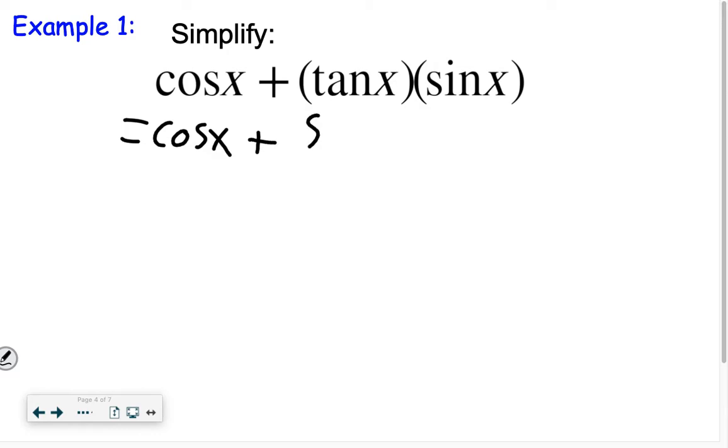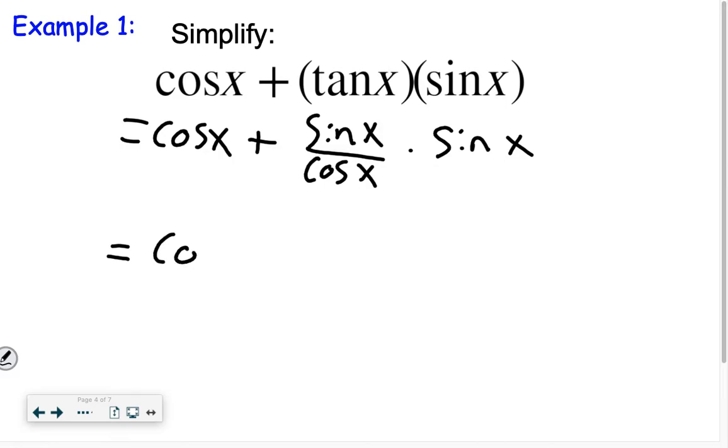So I can write this as sine of x over cosine of x, and then we still have that times sine of x. Okay? And so if I rewrite what we have then, we really have cosine of x plus, well, sine of x times sine of x, sine squared of x, right? And then that's over cosine of x.